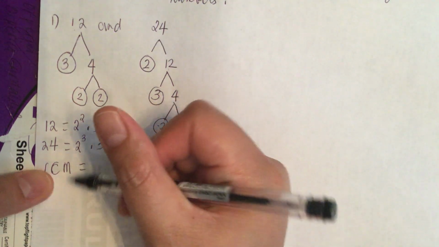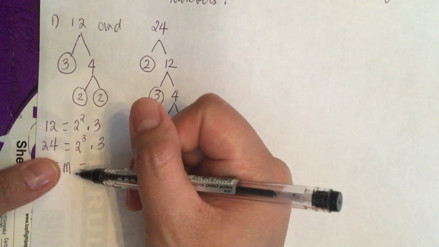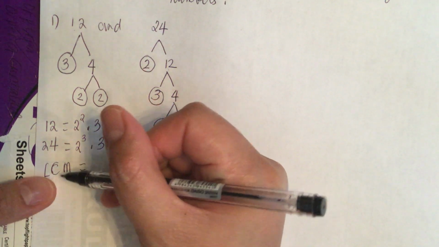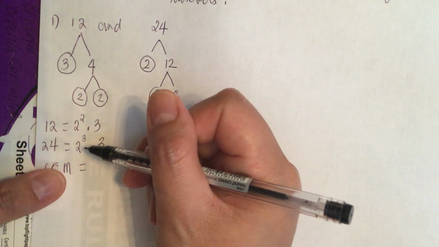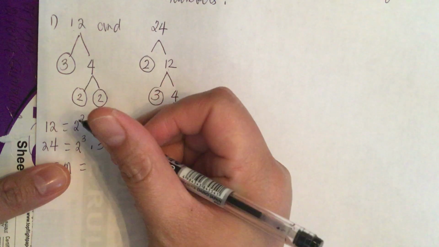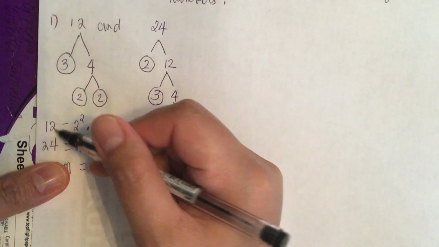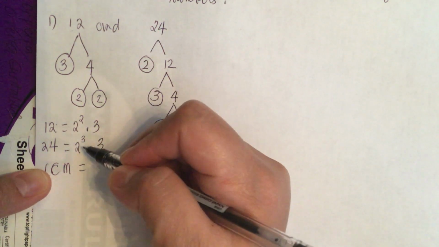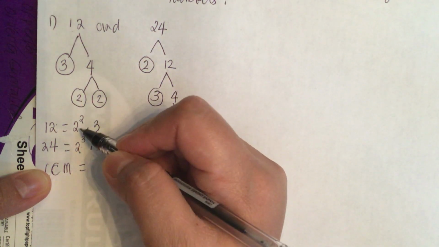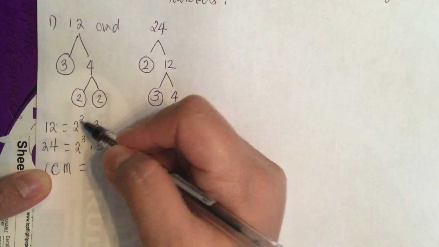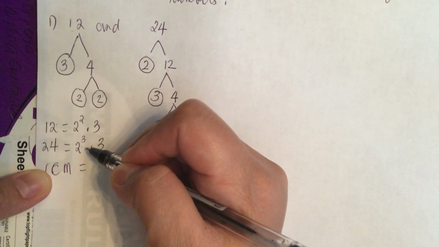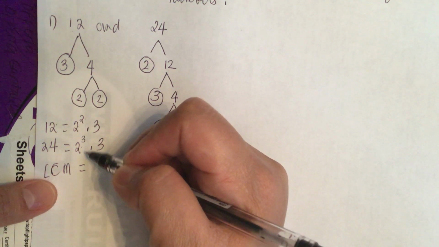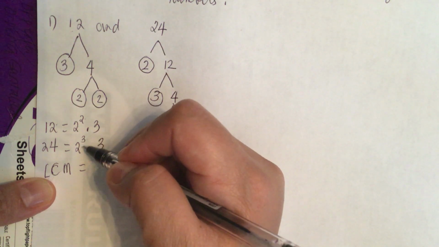The easiest way to remember is that the LCM takes the greatest occurrence in both of these numbers. So we have 2 cubed and then 2 squared. The highest occurrence is 3.